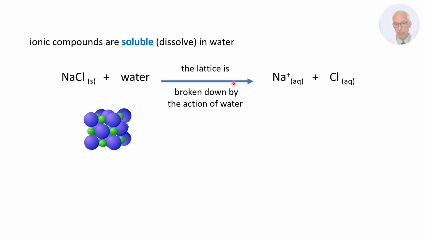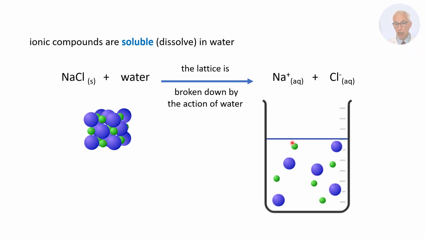This lattice is broken down by the action of water. The ions become free and aqueous, that is, they can move independently of each other. So the sodium ion can move around independently of the chloride ions, and the chloride ions move freely throughout the water, independent of the sodium ions.